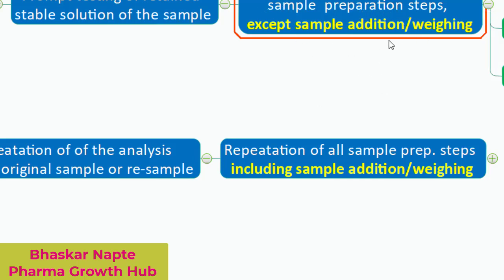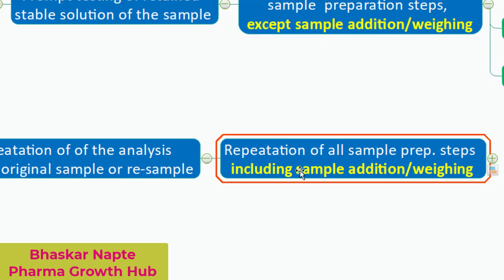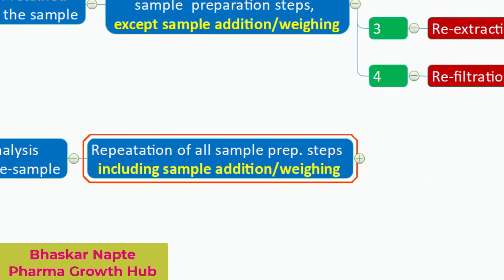You can make the sample preparation except the sample addition or sample weighing. But in case of retesting, you are supposed to use all sample preparation stages, including the sample addition or weighing. So it is as good as making another sample solution from its beginning.